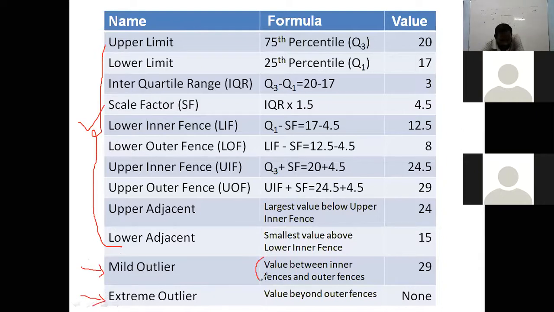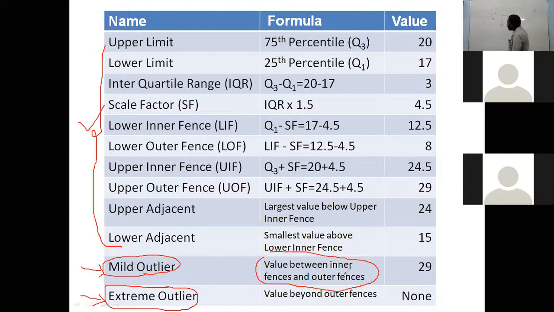In simple terms, mild outlier. Can you remember, earlier I showed you the mild outlier and the extreme outlier, two types of outlier. So how do we account for the mild outlier? It is the value between the inner fence and the outer fence.